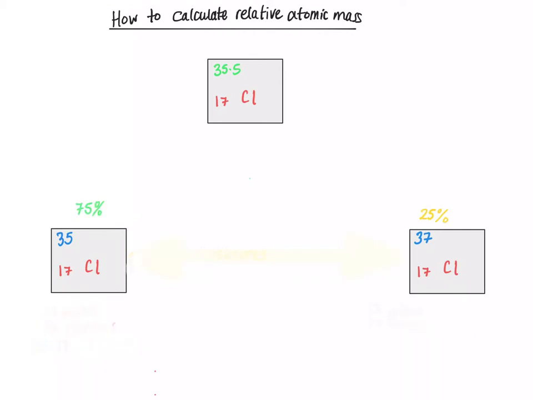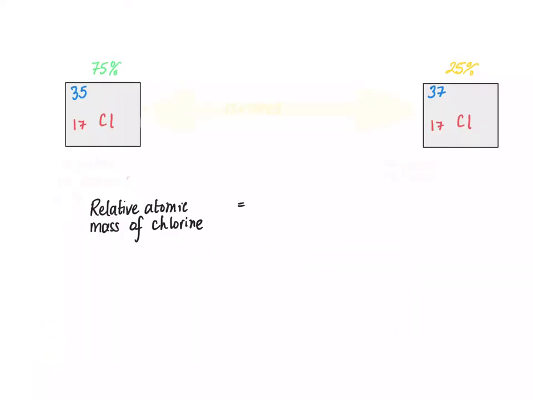So on planet Earth, 75% of all of the chlorine is chlorine 35 and 25% of all of the chlorine is chlorine 37. And you'll be given these percentages in the exam. So to work out the relative atomic mass of chlorine, you have to use a weighted average.